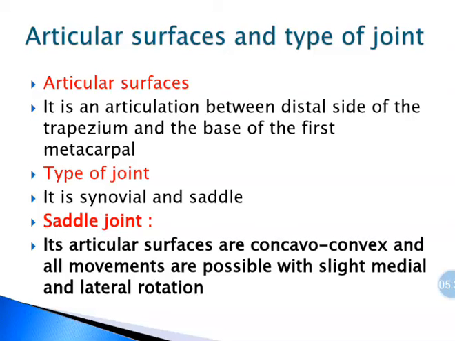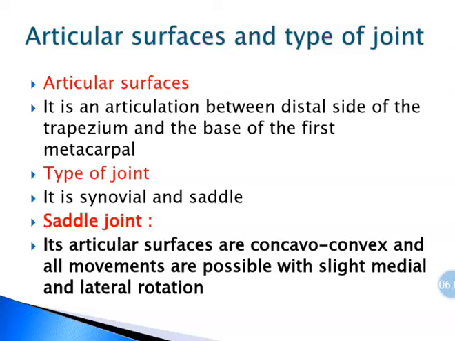The articular surfaces are distal side of trapezium and the base of first metacarpal. That is carpo-metacarpal. Carpal is trapezium and metacarpal is first metacarpal. The type of joint is synovial and subtype is saddle type.